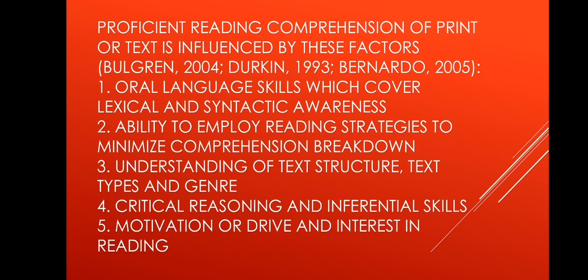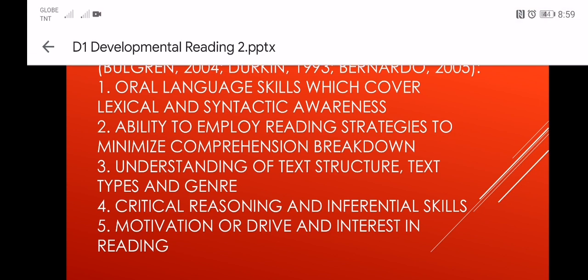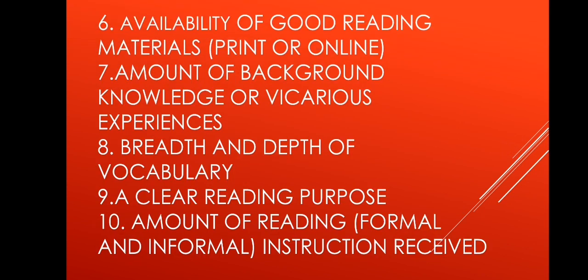Number 3, understanding of text structure, text types and genre. Number 4, critical reasoning and inferential skills. Number 5, motivation or drive and interest in reading. Number 6, availability of good reading materials, print or online.